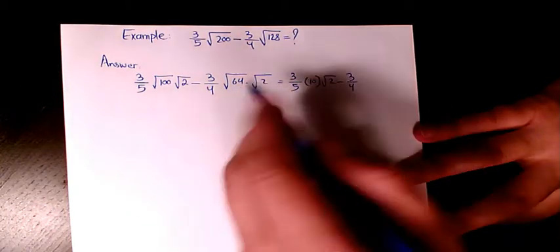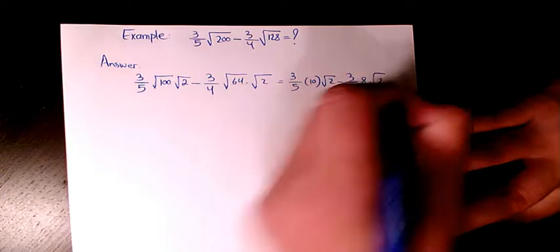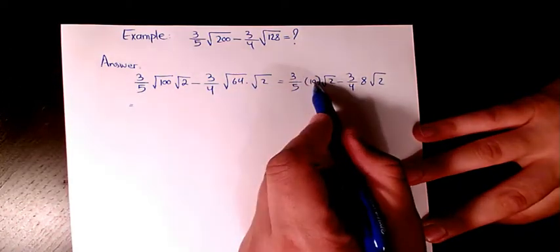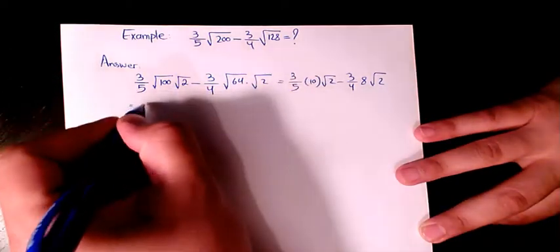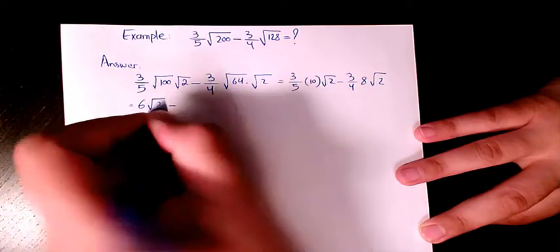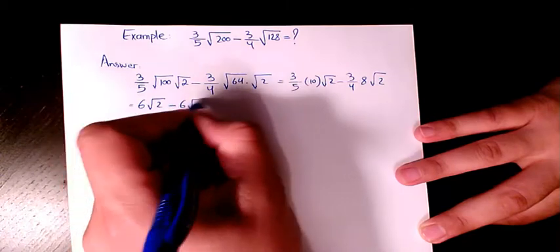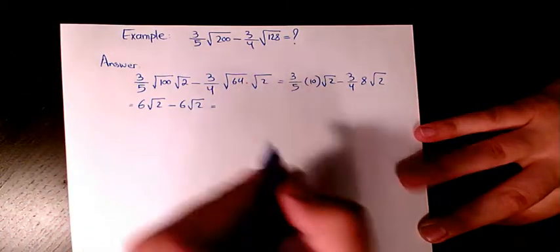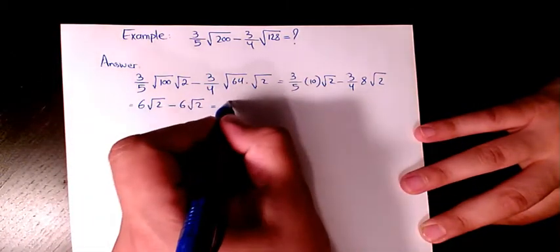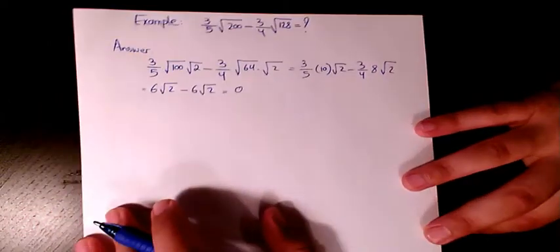The square root of 64 is 8, root 2. 3 times 10, 30 divided by 5 is 6 root 2, minus 3 times 8 divided by 4 will be 6 root 2. So 6 root 2 minus 6 root 2 is going to be 0.